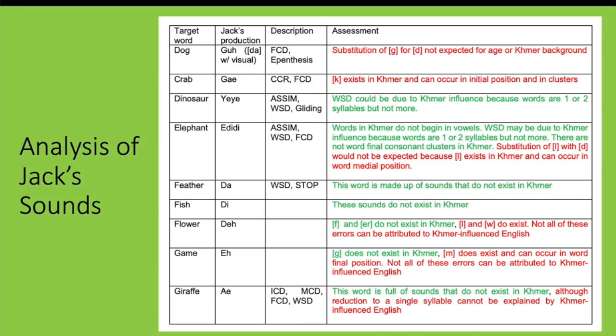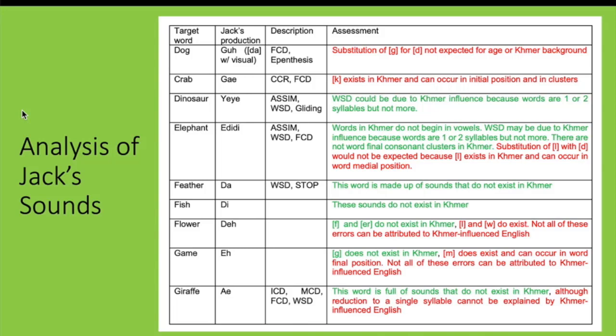The next word is dinosaur. Well, here the weak syllable deletion, he says ye. The weak syllable deletion could be due to Khmer influence because words are 1 to 2 syllables but not more, so possibly that could be due to influence. The next word is elephant. Same thing with the syllables, but then we have this substitution of L with D, of la with da, and we wouldn't expect that because la exists in Khmer and it can occur in word medial position.